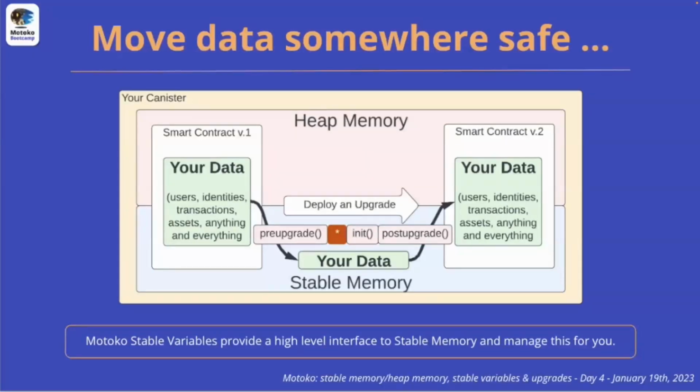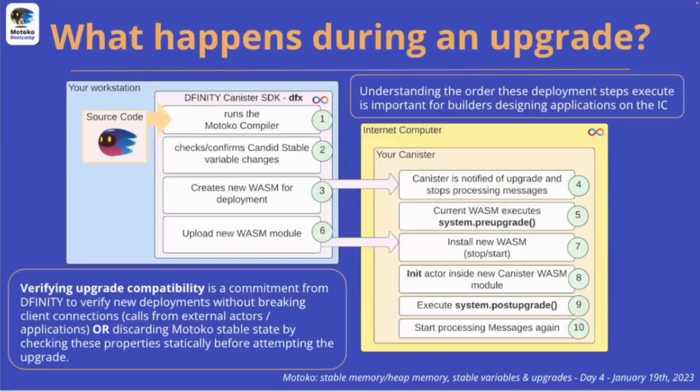And we'll go a little bit more into that, but stable variables are a solution to get your data into stable memory, and utilization of some of these hooks and direct access to the stable memory pages is going to be another one. But this again is a high level, and hopefully this diagram will help you make sense of things a little bit more as we move forward. So what actually happens during an upgrade?